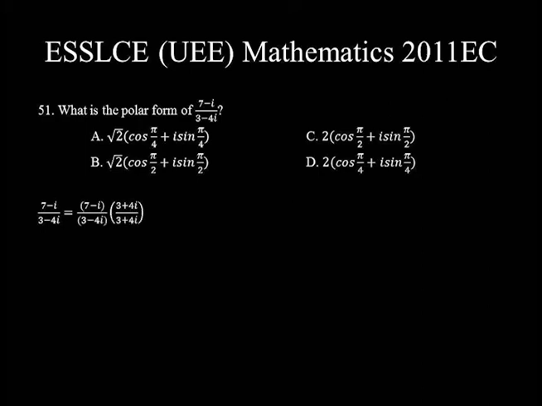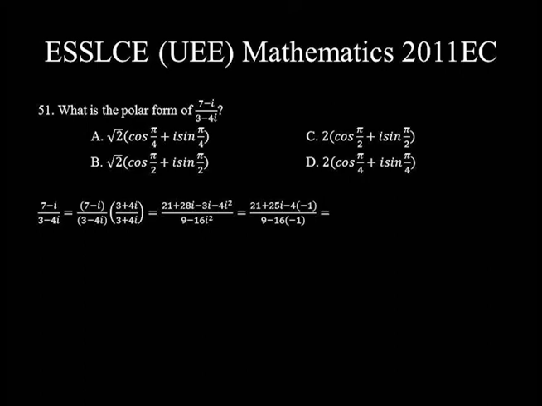Which is equal to 7 times 3 is 21. 7 times 4i is 28i. Negative i times 3 is negative 3i. Negative i times 4i is negative 4i square, divided by 3 square is 9 minus 4i square is 16i square, which is equal to 21 plus 28i minus 3i is 25i, minus 4 times i square, where i square is negative 1, divided by 9 minus 16 times i square, where i square is negative 1.